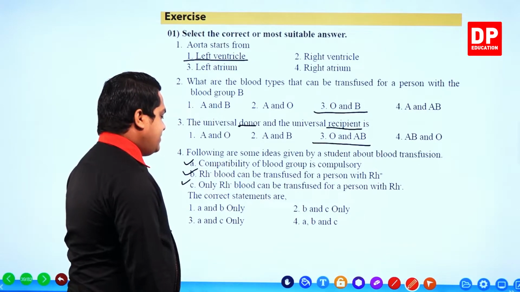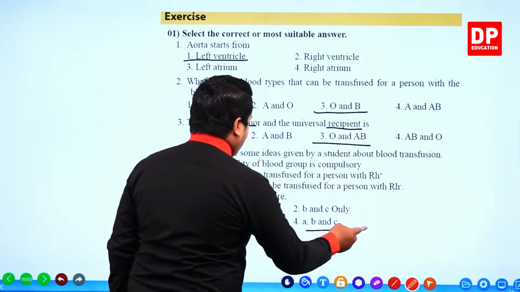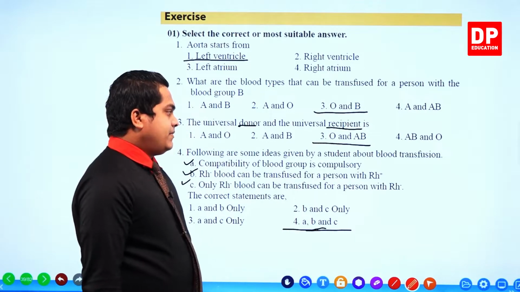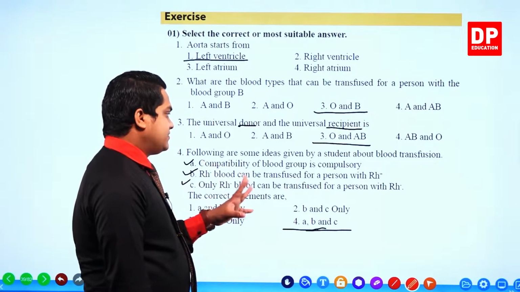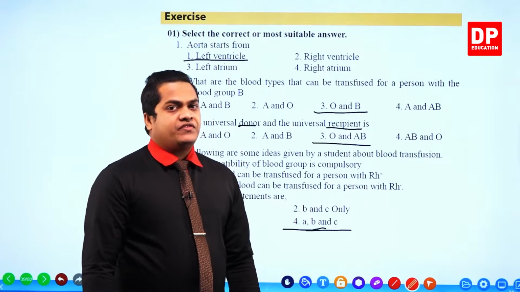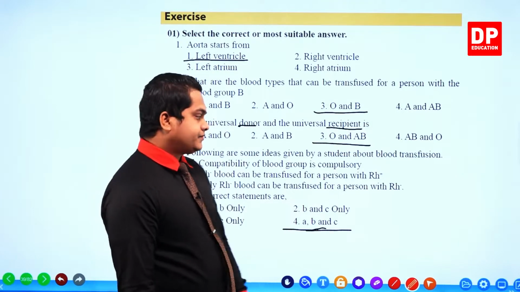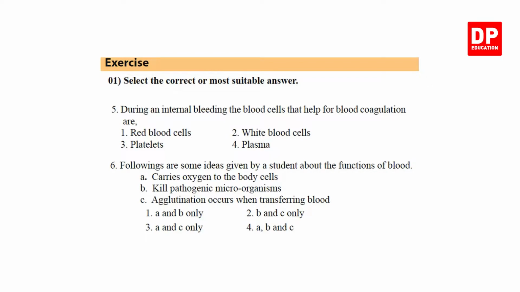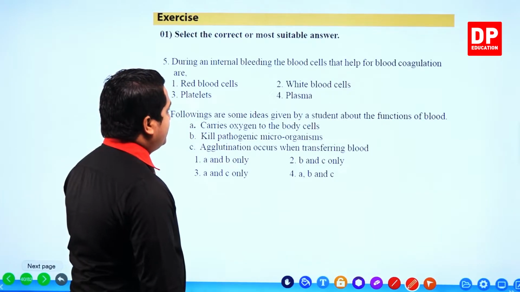So the correct statements are, all of these statements are correct, my dear children, right? Compatibility and about the transfusion between the RH plus and RH minus. All of these things are correct. Right then, during an internal bleeding, the blood cells that help for the blood coagulation are, it's very simple, my dear children.